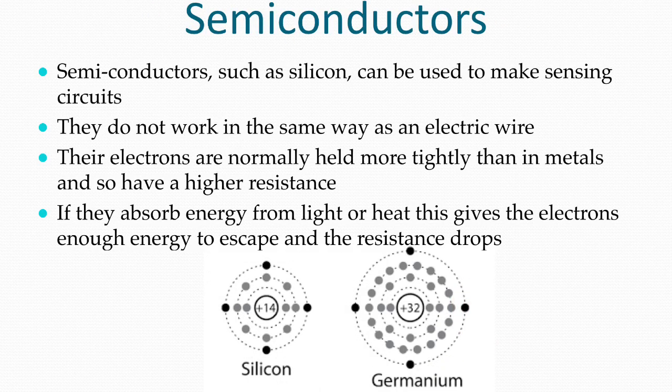These components are made using semiconductors such as silicon. Now, semiconductors are neither an insulator nor a conductor. Under normal conditions, the electrons are just too tightly bound for the electricity to flow. But if you give them some extra energy, either from light or heat, this gives the electron enough energy to escape, and then current will flow.